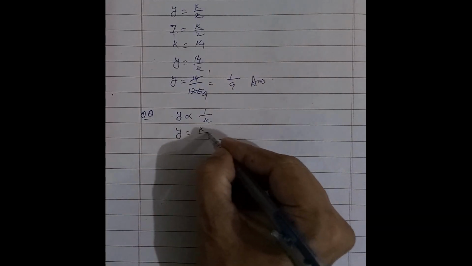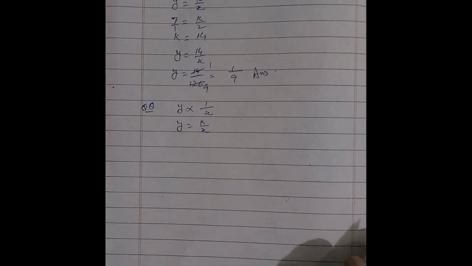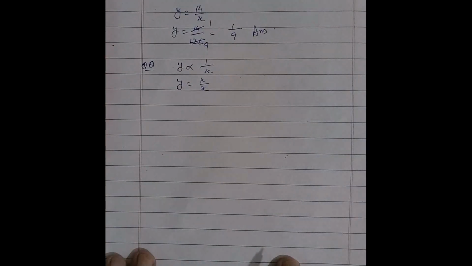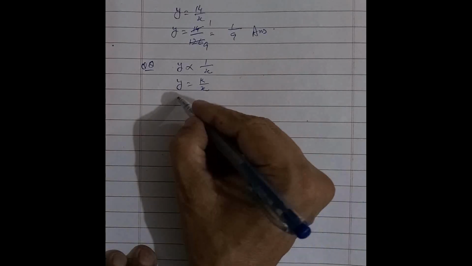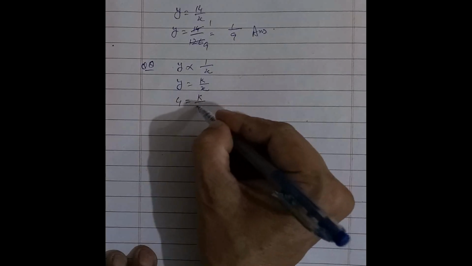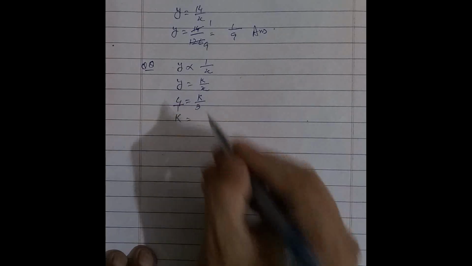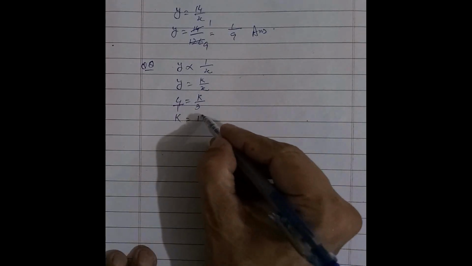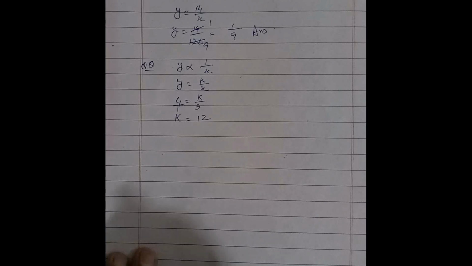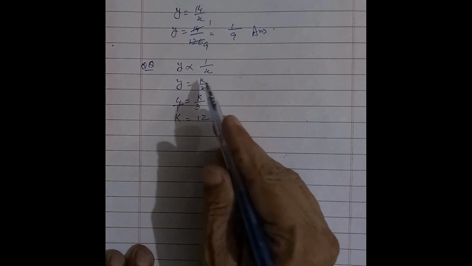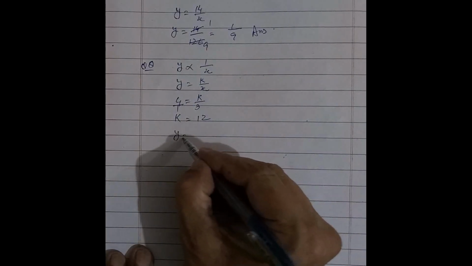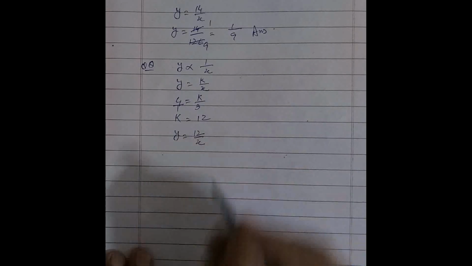Y is equal to k over x, and to find the value of k, we put the values of x and y in the equation, where y is equal to 4 and x is equal to 3. So 4 is equal to k over 3. By cross multiplying, k is equal to 12. And we put the value of k, which is 12, in the equation. We get y is equal to 12 over x.